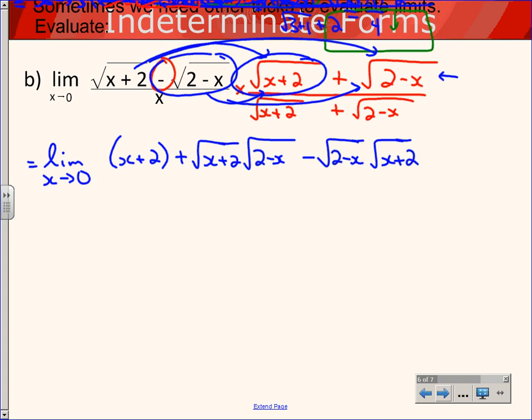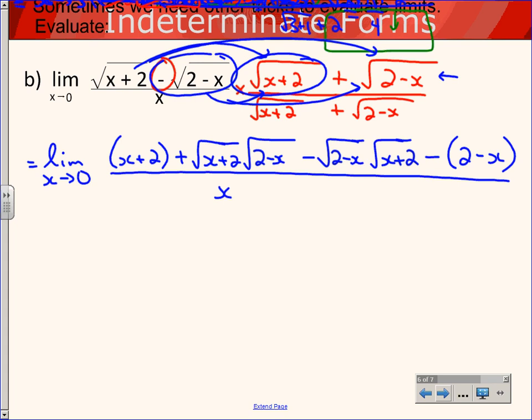The last one there is a minus root 2 minus x times positive root 2 minus x. That's a minus all of 2 minus x. And I put those brackets there because I need to remember that that minus sign is going to affect both the 2 and the minus x. Denominator we said stays the same.